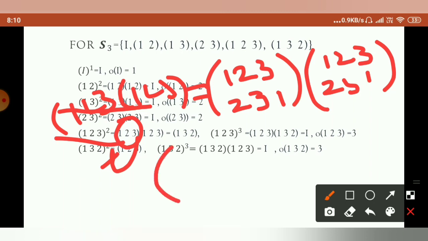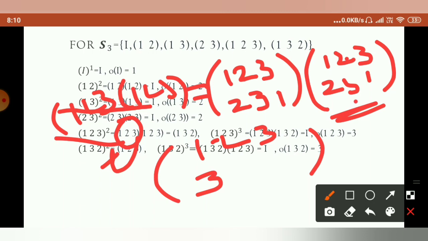Now we have to write the answer. What will be the answer here? First you see the image of 1 in the second permutation. The image of 1 is 2. Now we write the image of 2 from the first. The image of 2 is 3, so we get the image of 1 is 3. Now the image of 2 is 3 and here the image of 3 is 1, that means the image of 2 is 1.